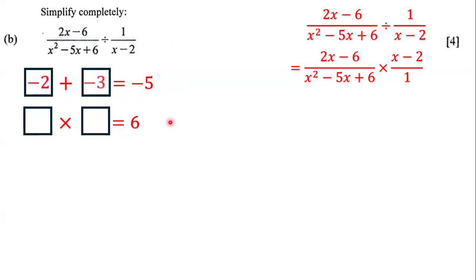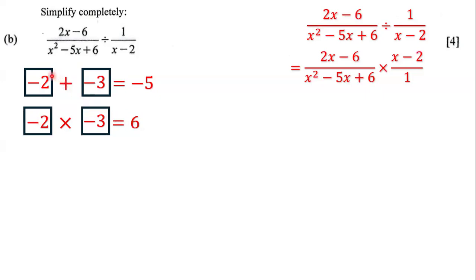Now, the two numbers that we will use are -2 and -3, because -2 plus -3 is -5, and -2 times -3 is +6, because a negative times a negative gives us a positive.